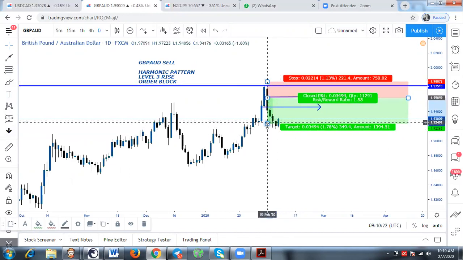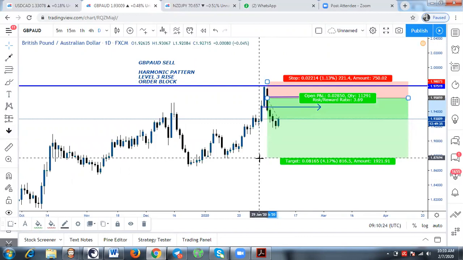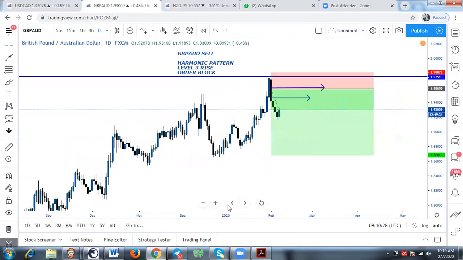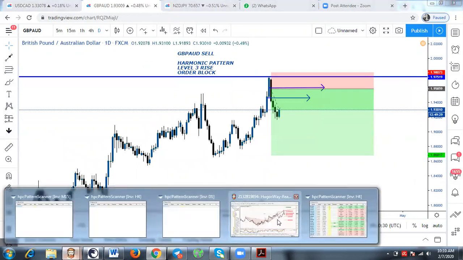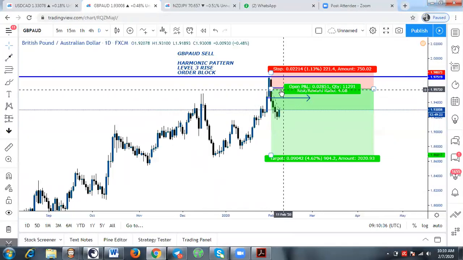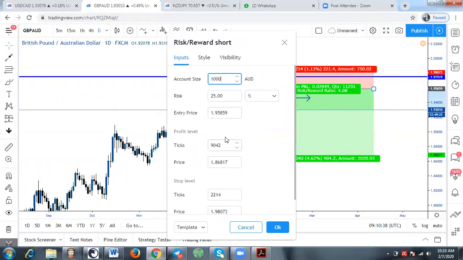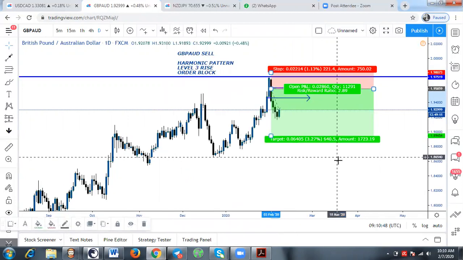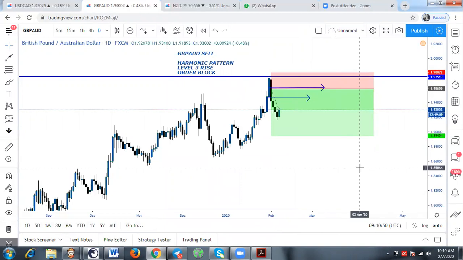So we're looking at this, then TP, we're looking at somewhere here. Let's check out the harmonic TP1. It was giving us 1.89154. So let's take that 1.89454, right? 1.89454. Okay.